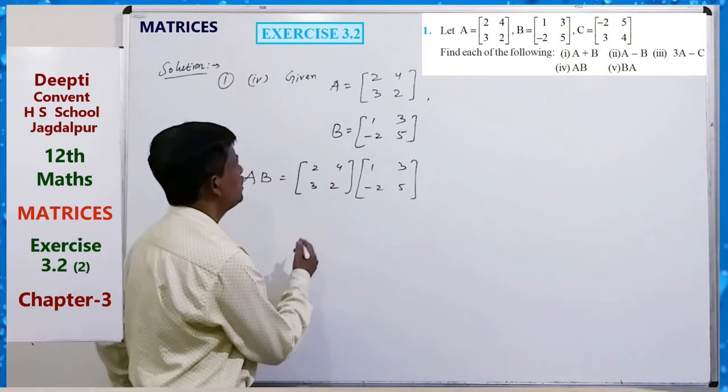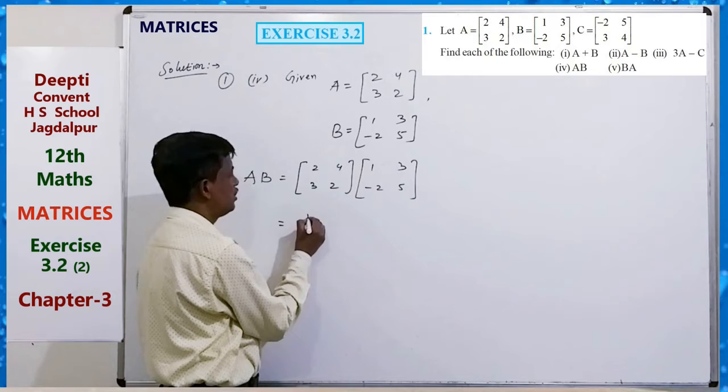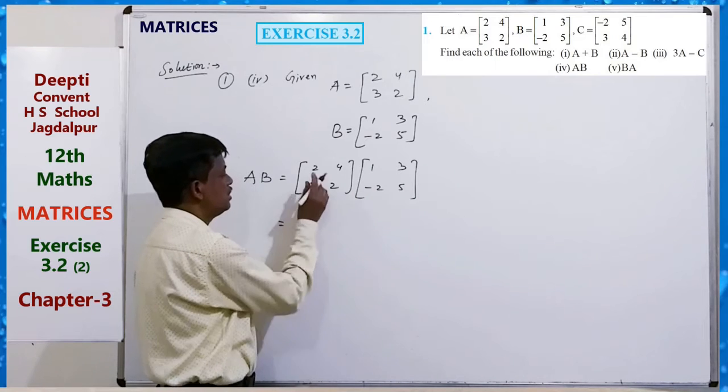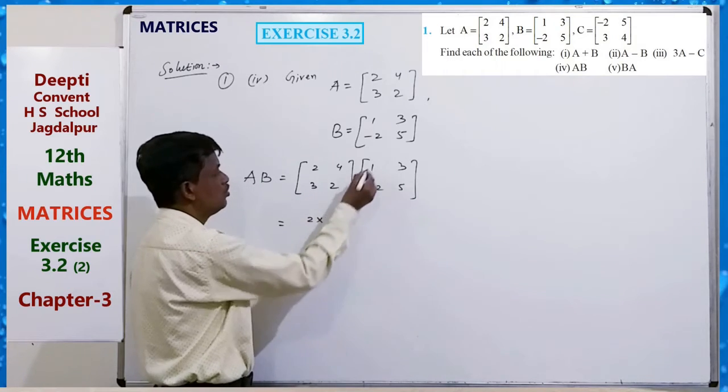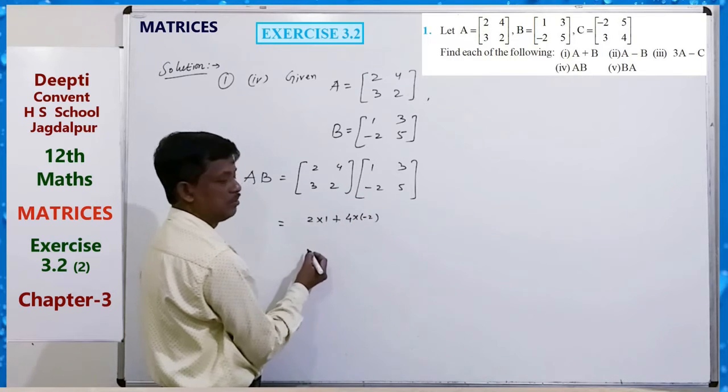First AB, then BA. This is very simple: row by column, this row, this column. Just see here: 2 into 1 plus 4 into minus 2, the first element.